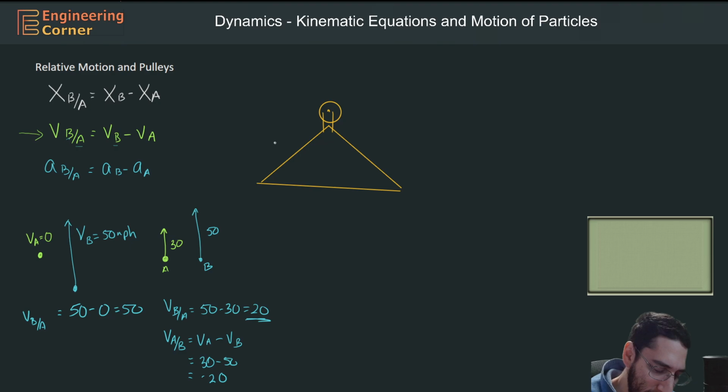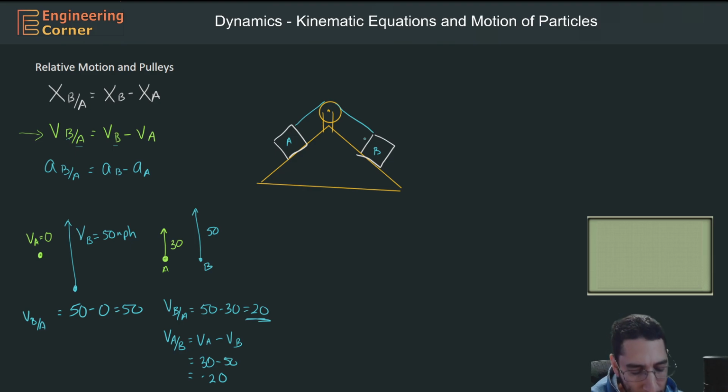I'm going to have a very simple example of a pulley, and hopefully, intuitively, it will make sense. So I have a pulley on an inclined plane. I'm going to call this block A, this block B, and they are connected with a rope.